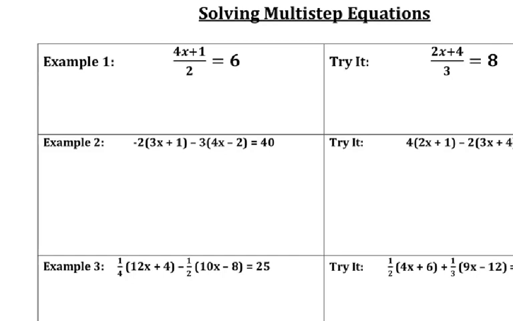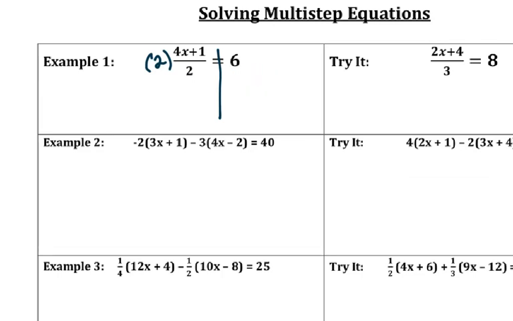So if this is saying 4x plus 1 divided by 2, we're going to undo this division by multiplying. If this says divided by 2, I need to multiply by 2. Just like we did last time, anything that happens on the left side of the border has to also happen on the right.